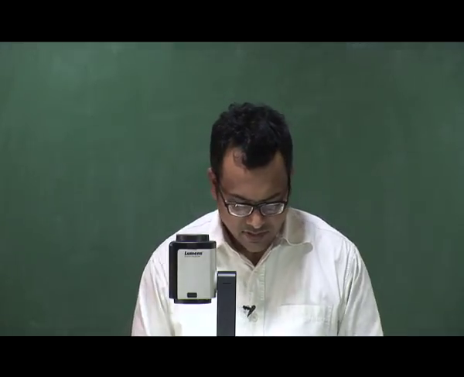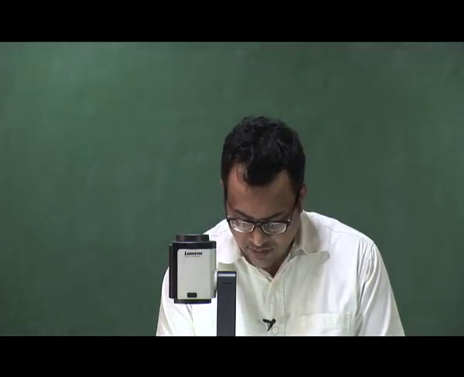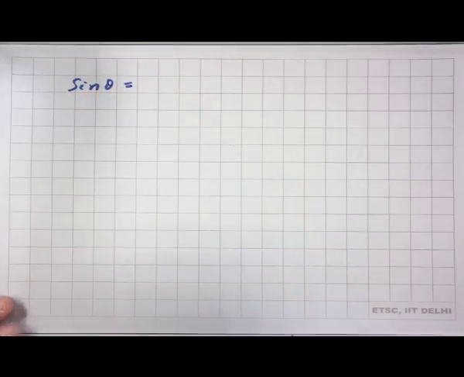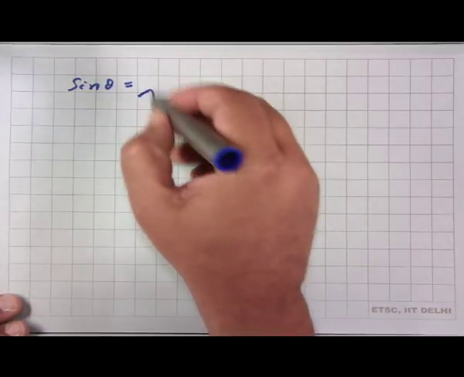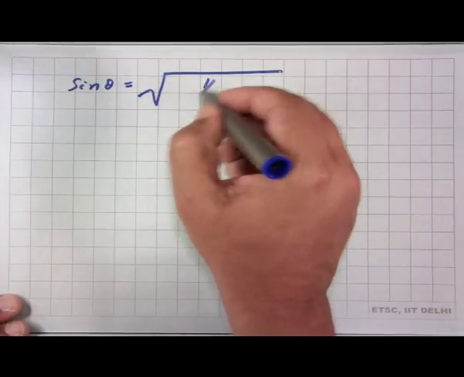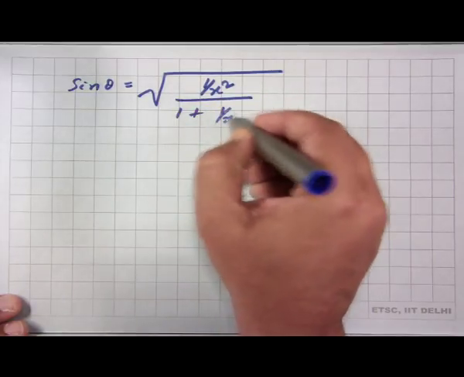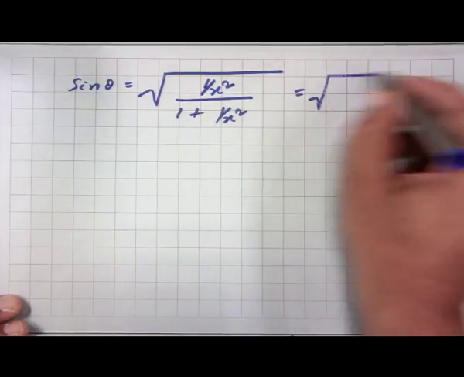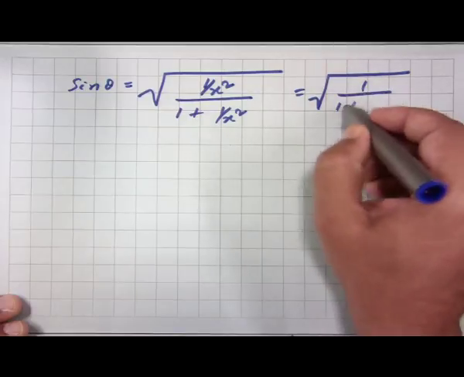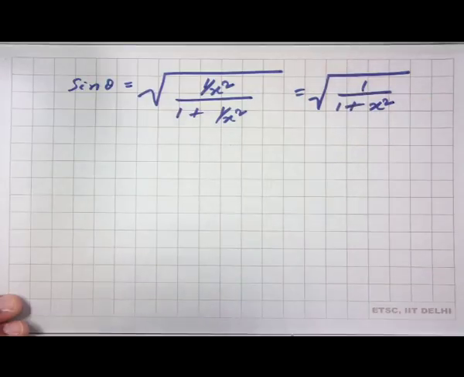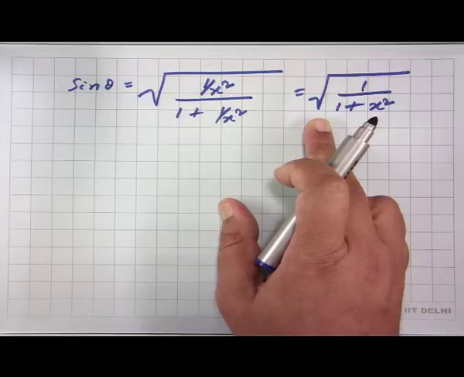So, then what we get is that sine theta becomes equal to the positive square root of 1 over x square over 1 plus 1 over x square, which is equal to square root of 1 over 1 plus x square, and this is the positive square root.